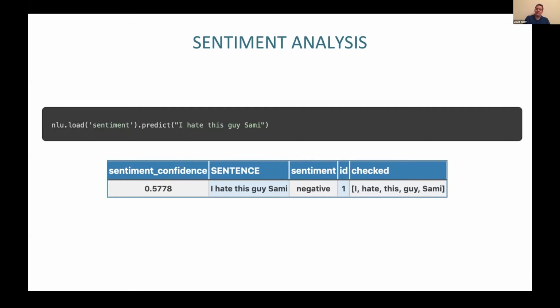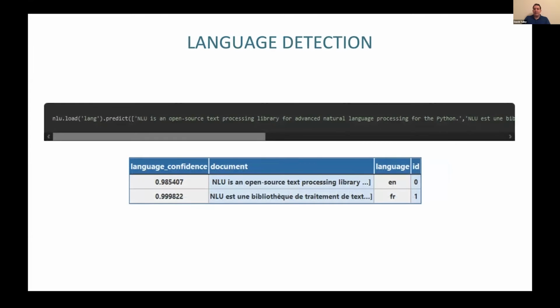There's a confidence value that comes with it, and you also get other things that are computed, like in this case the tokens. And this library is multilingual. All of the Spark NLP models are available to you here. So you have access to models in more than 200 languages, as well as some multilingual models, embeddings, and transformers that are part of the library.